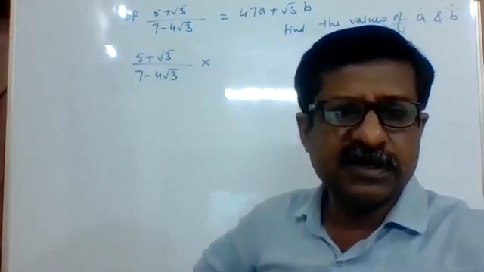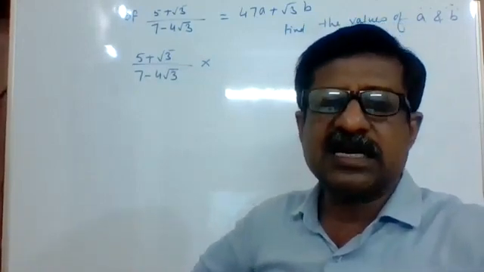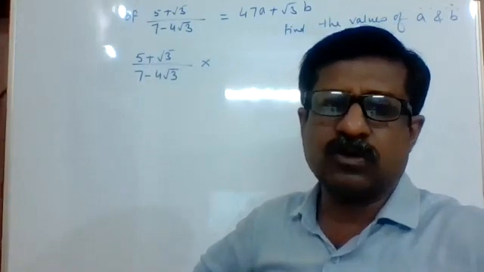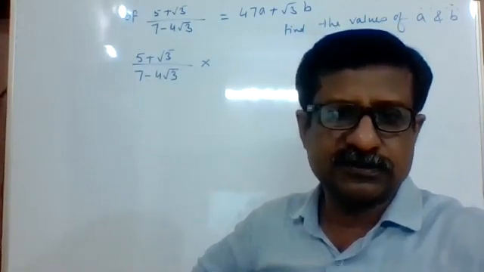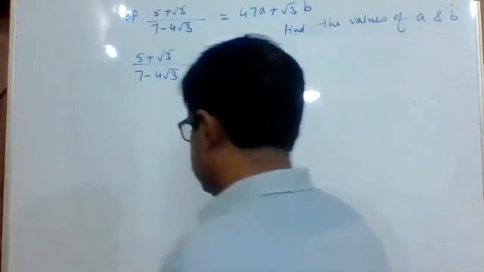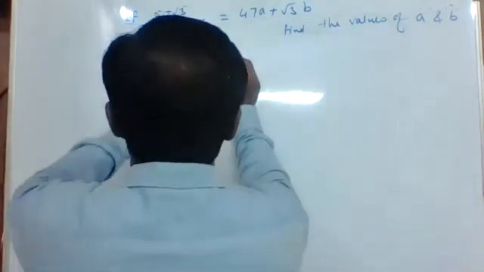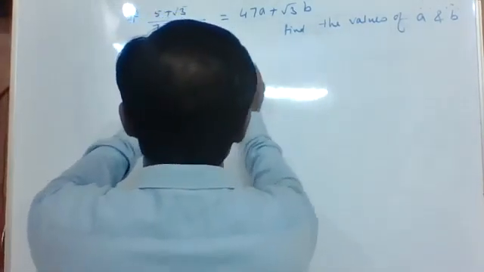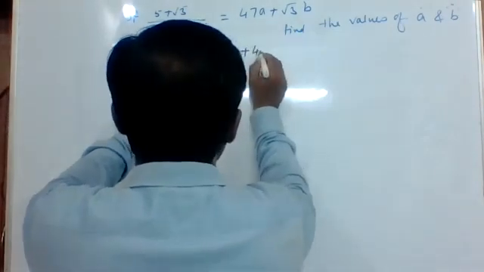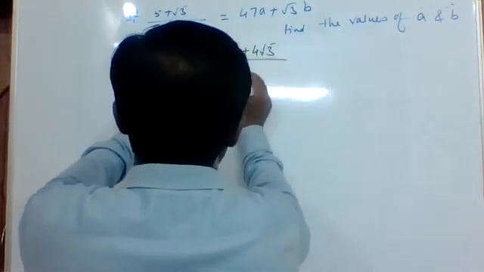What we have learned, the binomial's rationalizing factor is its conjugate. Therefore, we multiply the conjugate of 7 minus 4 root 3 in numerator as well as denominator.